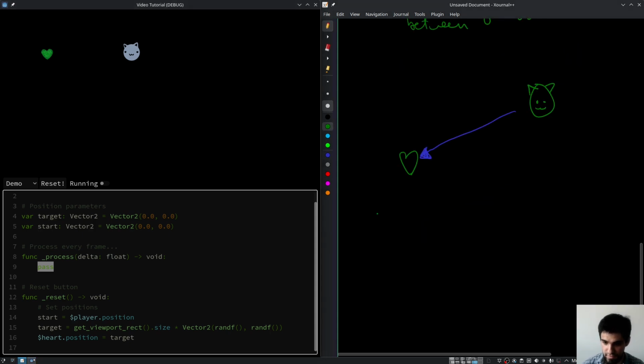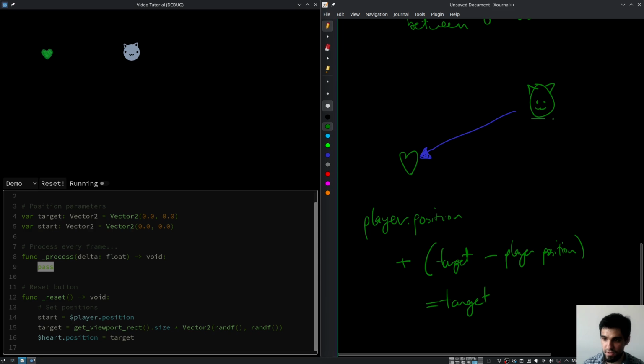This is because if I have my player position and I add the target minus the player position, I get the target. So if I start with the player and I add this vector, which is going to be this blue vector, I will reach my target. As you can see, yes, the player position cancels out, and so we're left with the target.